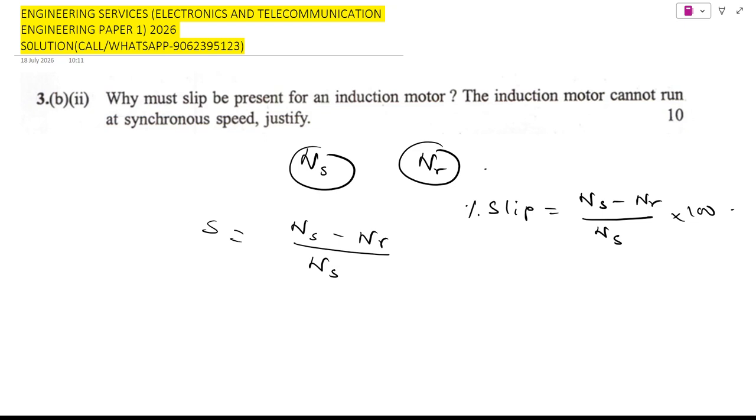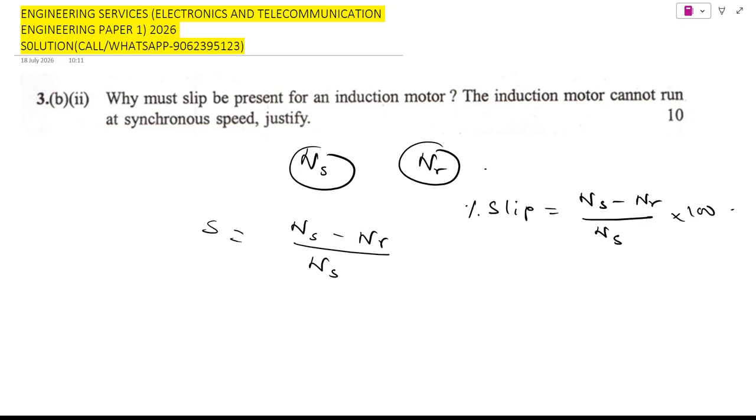Now let us answer the first part of the question. Why must slip be present? According to Faraday's law of electromagnetic induction, an EMF is induced only when there is relative motion between the magnetic field and the conductor. In an induction motor, the rotor conductors receive induced EMF because they cut the rotating magnetic field.